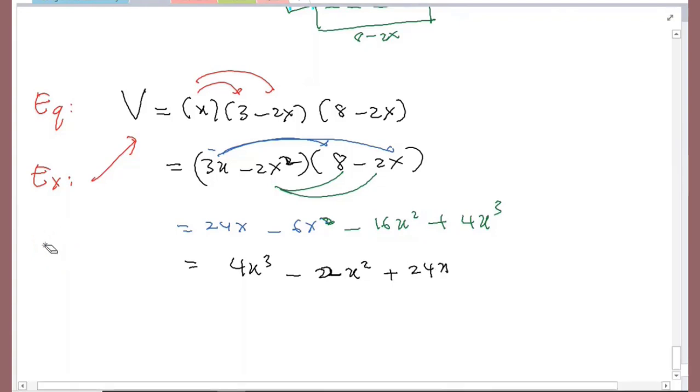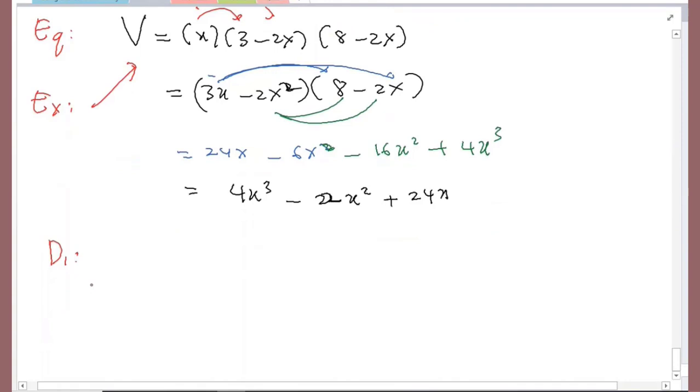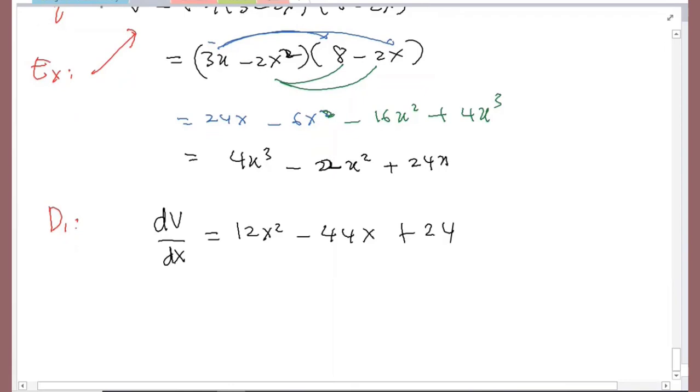Now we do D1, differentiate for the first derivative, which means find dV/dx. So 12x squared minus 44x plus 24. Then for V maximum, dV/dx is equal to 0.